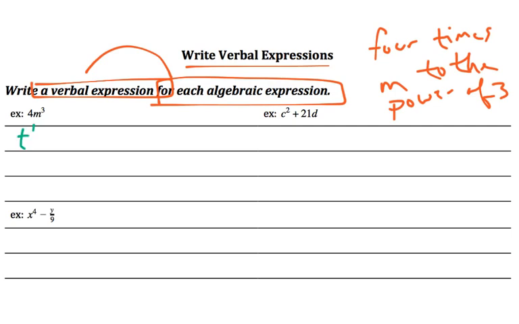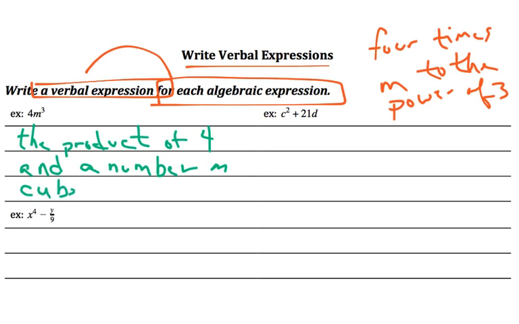So I'm going to say the product, P-R-O-D-U-C-T, of 4 and a number, and then usually you see it italicized, but it's not like you bother writing that. The product of 4 and a number m cubed. I would never box something like this. It's words. It just kind of keeps it ugly.